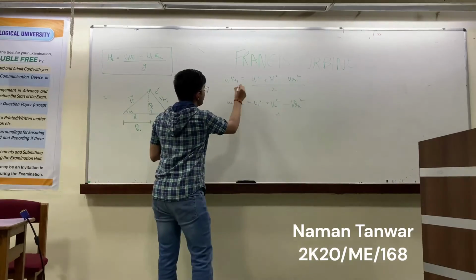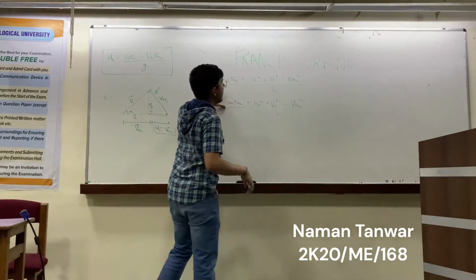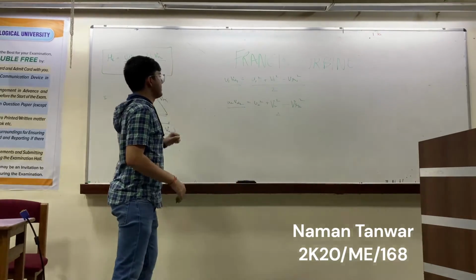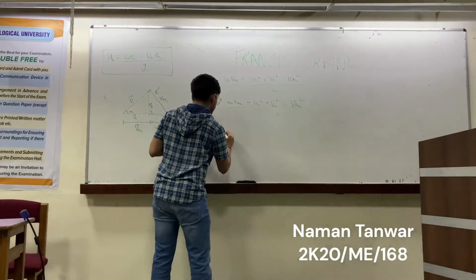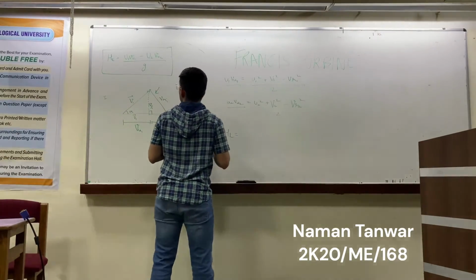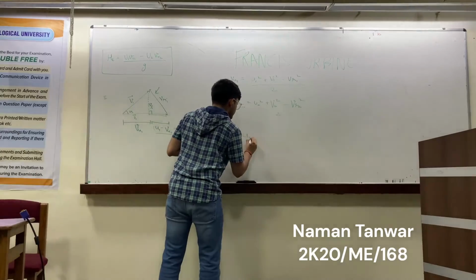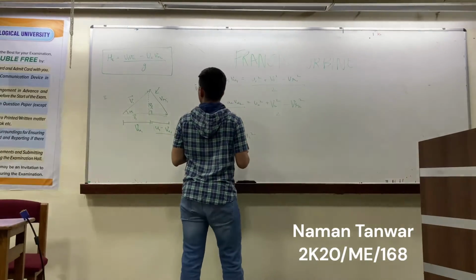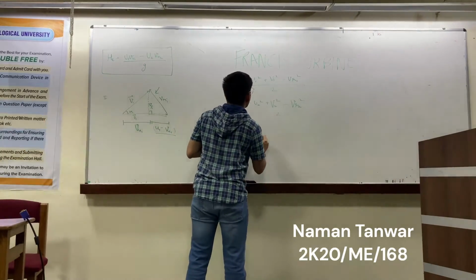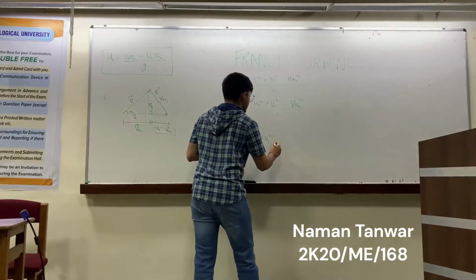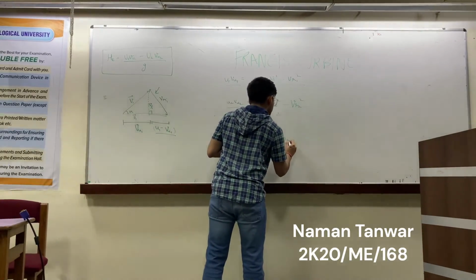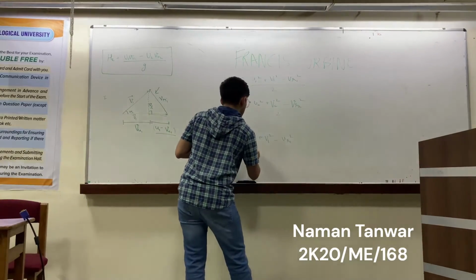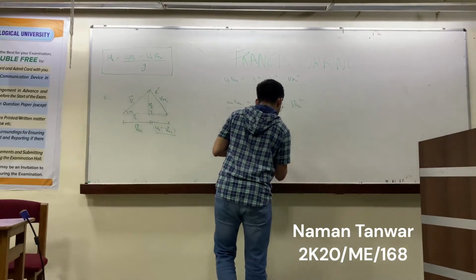So we will put these values in this expression and we will get HE is equal to U1 square plus V1 square minus VR1 square upon 2G.